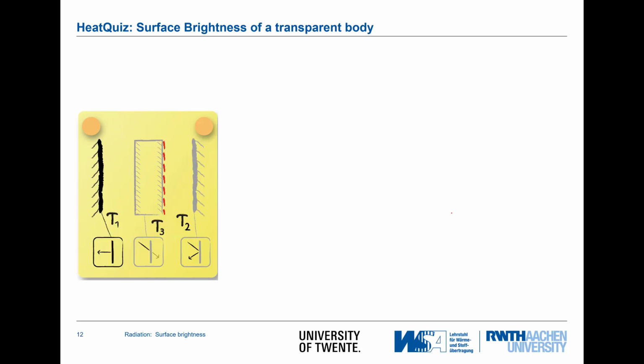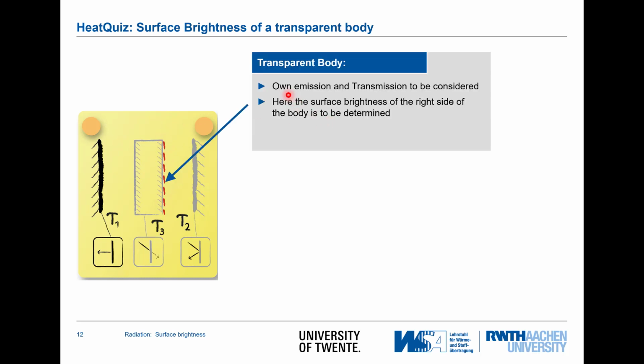Now let's move on to a more complicated example. In this more complicated example, we have a transparent object as indicated, and we have to consider the right hand side. So emission and transmission are considered there. And now let's determine the surface brightness, for example, of this object or of this object. The first one, Q dot, sorry, there's a mistake.